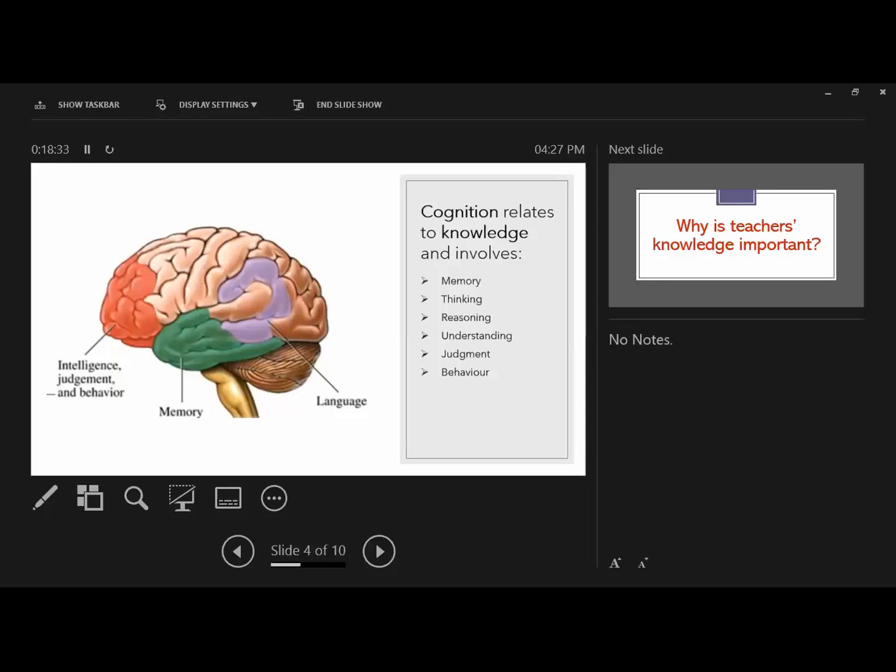The moment our brain is doing that super speedy, super fast action of reasoning, of thinking, imagine all of these happen together, right? We are activating our thinking, our reasoning, our understanding, our judgment, and our behavior, right?